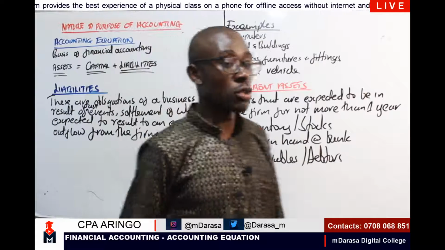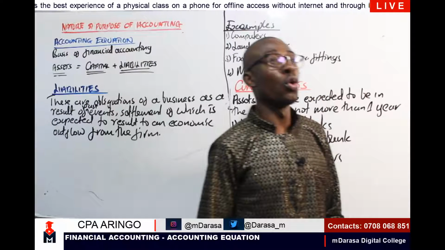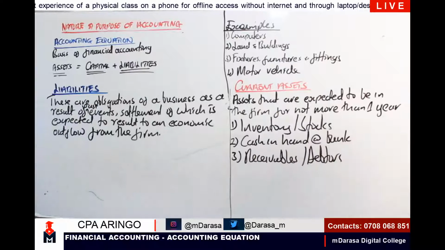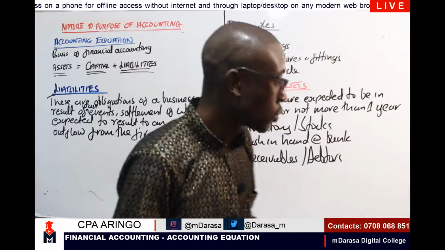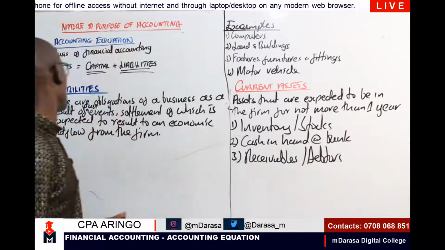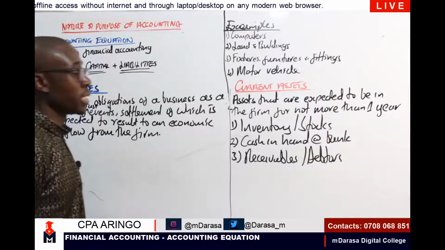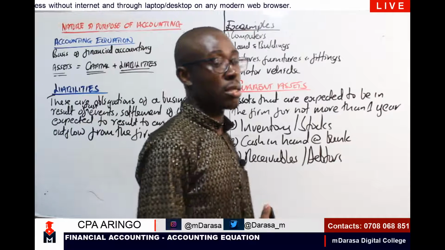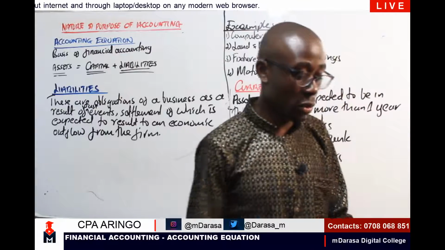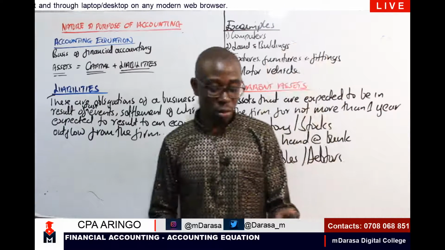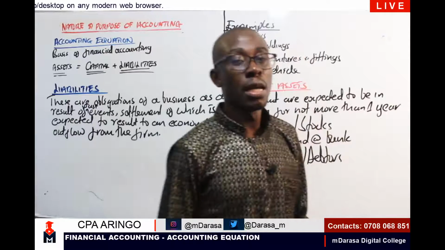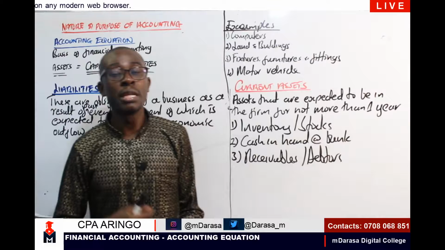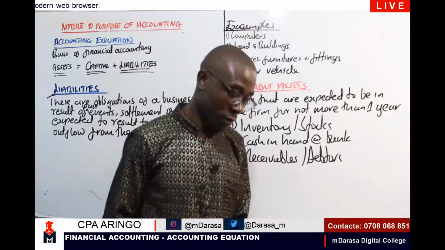That is to say, it's going to result in an economic outflow to the business. So this is what we are terming here as liabilities. These are obligations, compared to assets, where we termed them as resources that we do own. Liabilities are obligations that we will be required to pay in future.